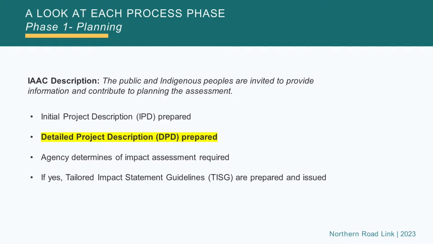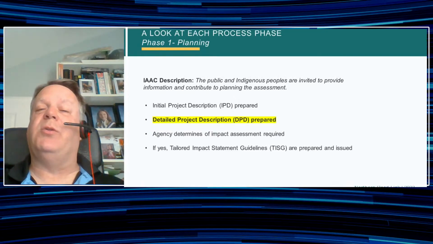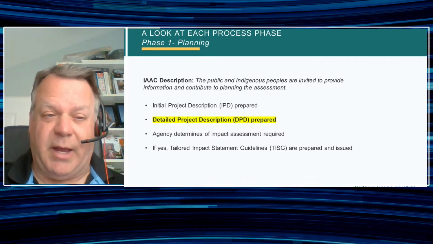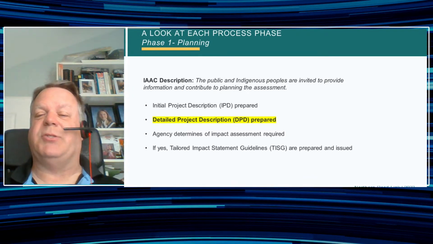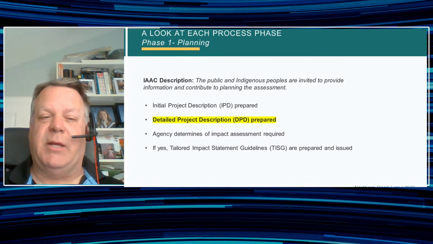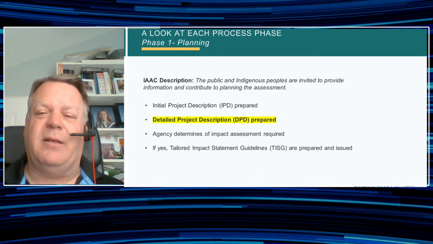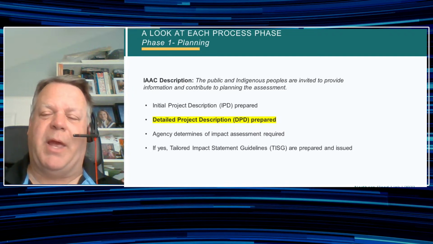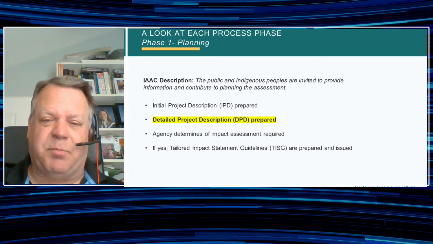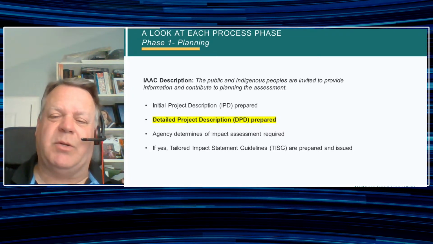The agency, the Impact Assessment Agency of Canada, determines whether that impact assessment is required or not. And if it is, then what's called Tailored Impact Statement Guidelines, or TISG, are prepared and issued. Basically they represent the work plan, what has to be done as part of the impact assessment.